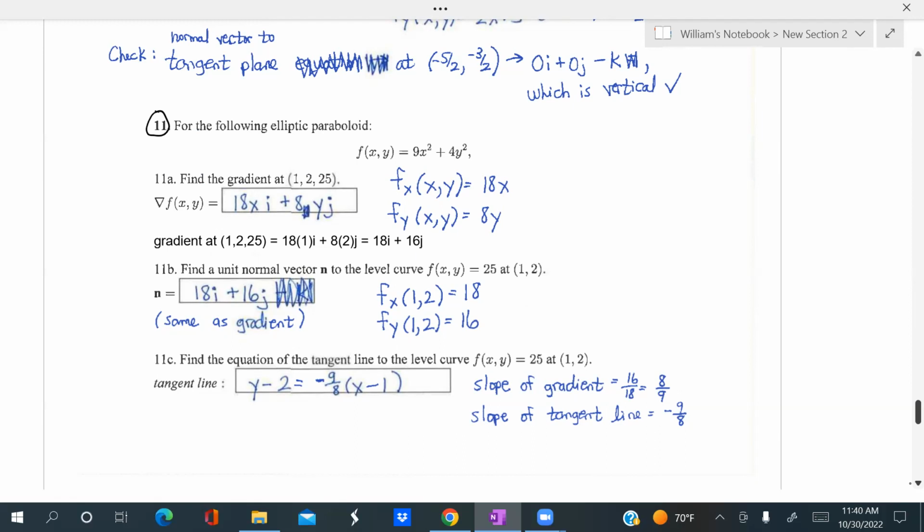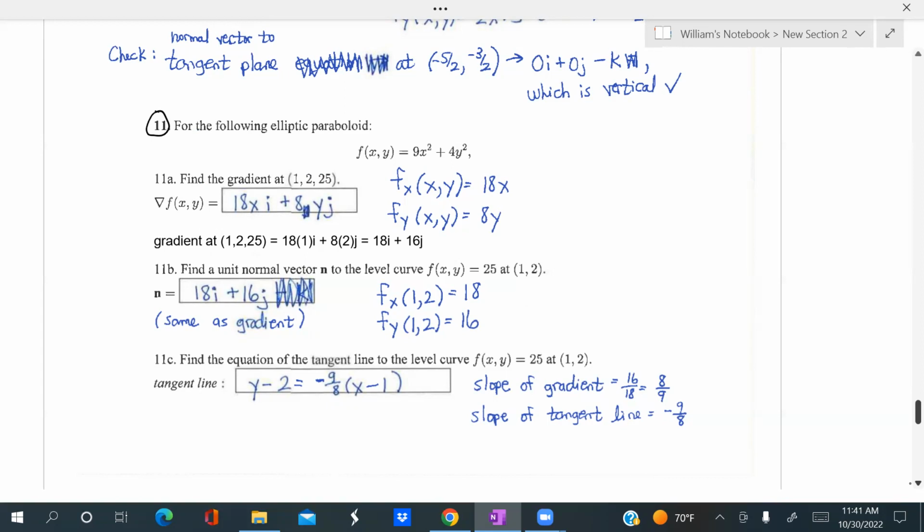Because remember the z coordinate at x equals 1, y equals 2 is 25. So the level curve for this elliptic paraboloid at this particular point is f(x,y), this function of 2 variables, equals 25.